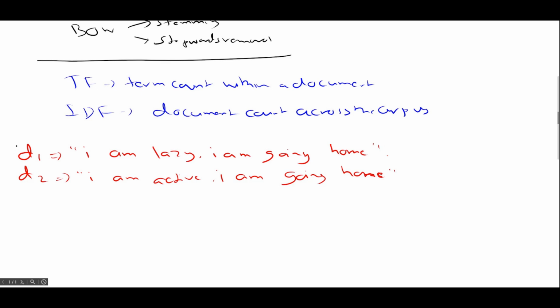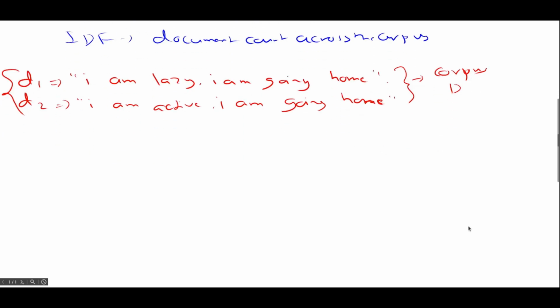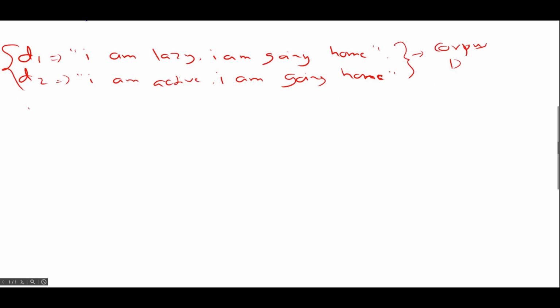Now if we consider these two documents to be our data set, then we can represent the combination of these two documents as a corpus D. We'll begin with a question.